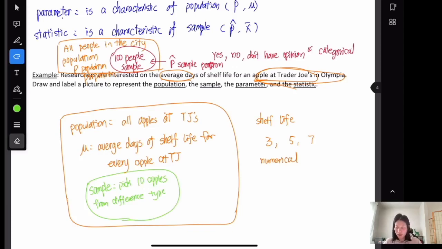So the quantity of interest, again, since this is numerical data, we are going to use the mean, right? Since this is a sample statistic, we're going to use X bar.